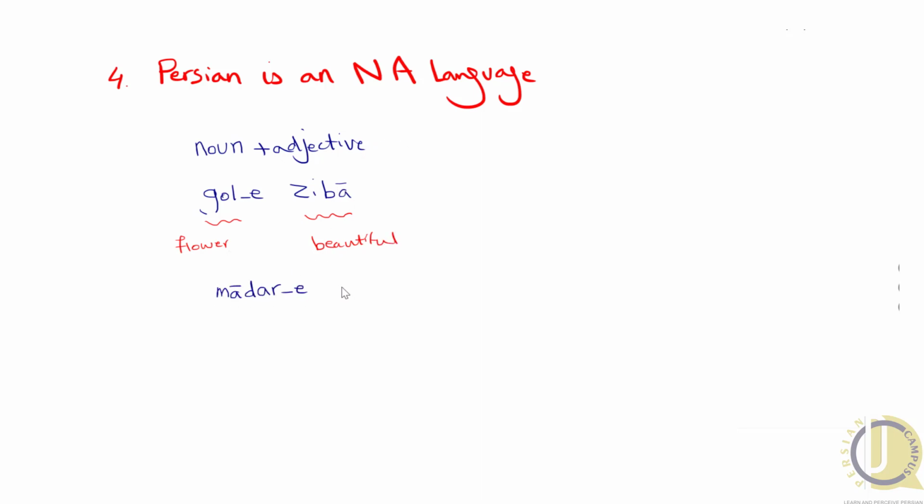Or مادر مهربان. مادر is mother, مهربان is kind. You might be wondering what the E between مادر and مهربان represents. We employ it to connect a noun to its adjective.